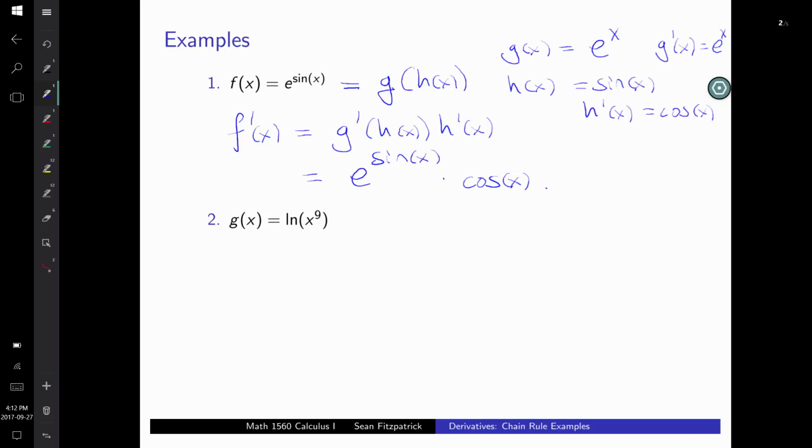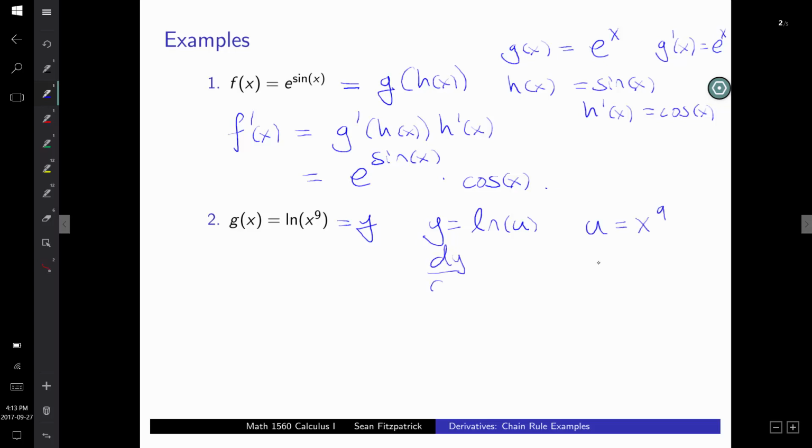We'll do it blindly first, and then we'll try to be a little bit more smart about things. So in this case, let's do the Leibniz notation this time. So let's call this thing y. Okay. So y is equal to the natural log of u, where u is equal to x to the 9.